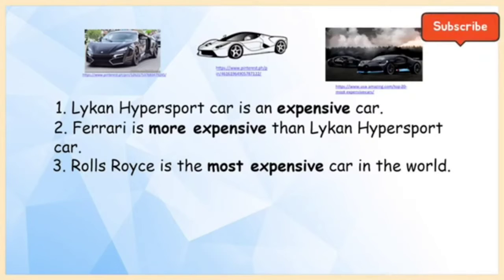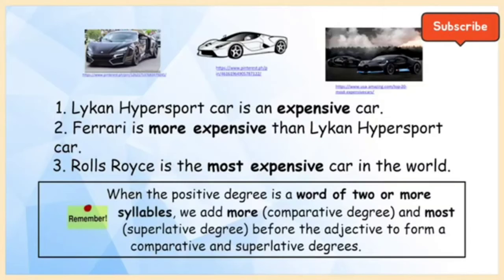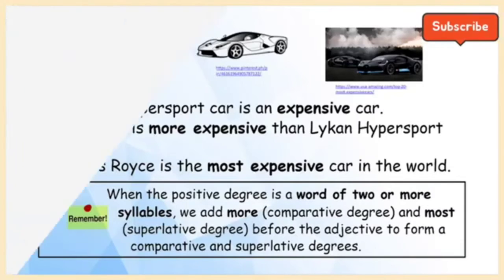In sentence 3, which is superlative degree, what is added before the word expensive? When the positive degree is a word of two or more syllables, we add more for comparative degree and most for superlative degree before the adjective to form the comparative and superlative degrees.